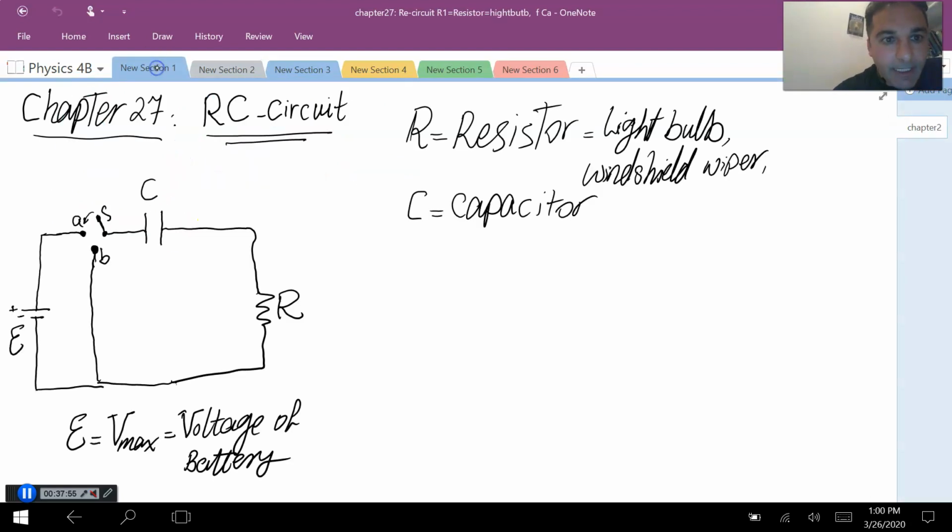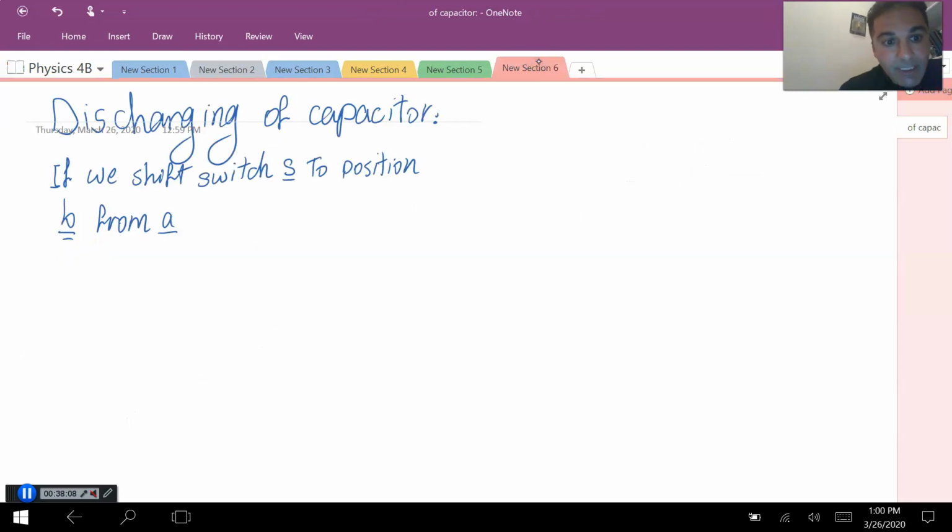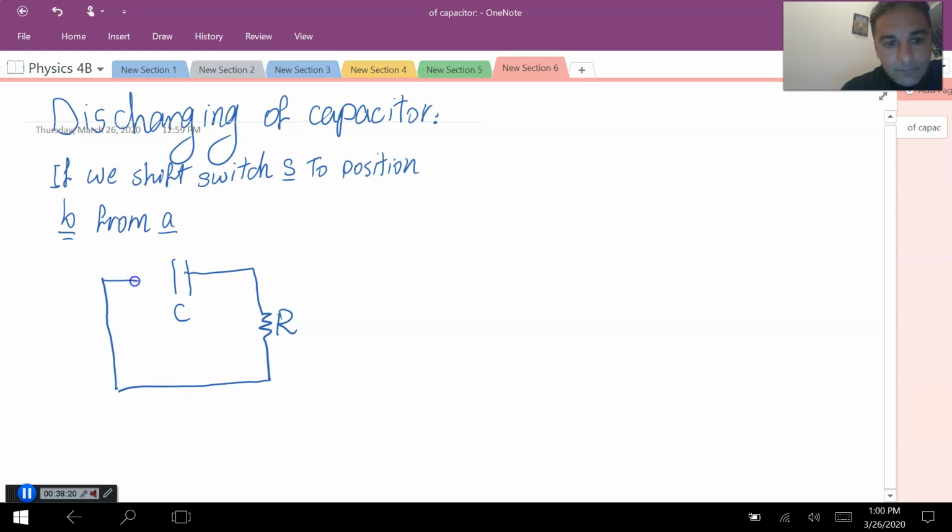Now here, look, we close switch S, correct? So we charge the capacitor, then we move it to position B. When we move it to position B, this will be my circuit. Look, this is the capacitor, this is the resistor, am I right? Of course, I have a battery.